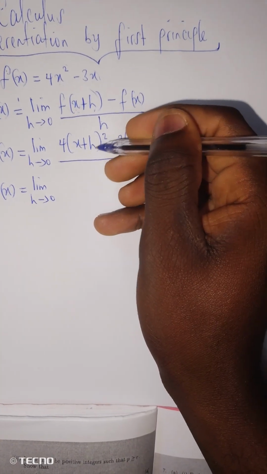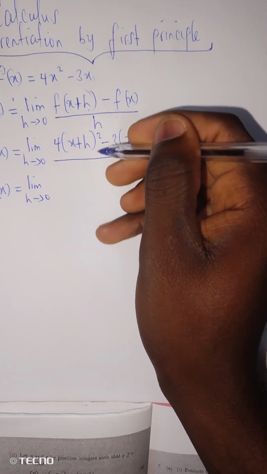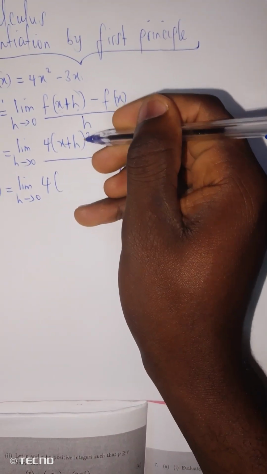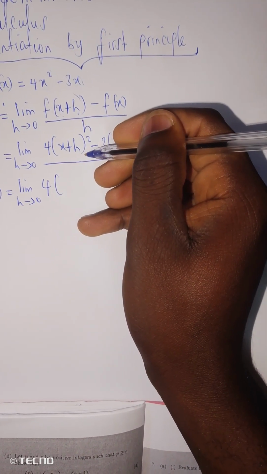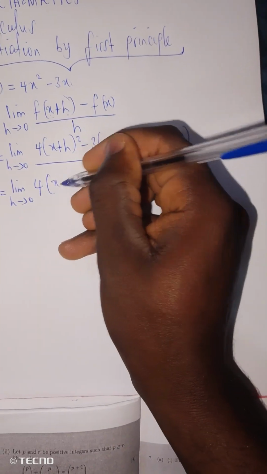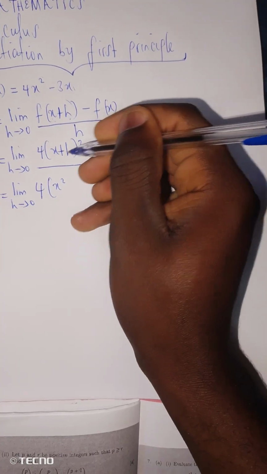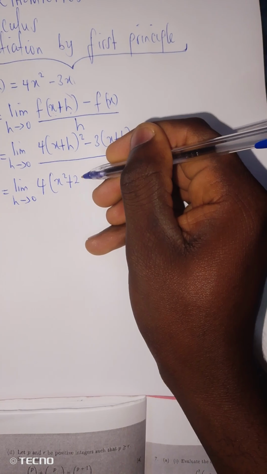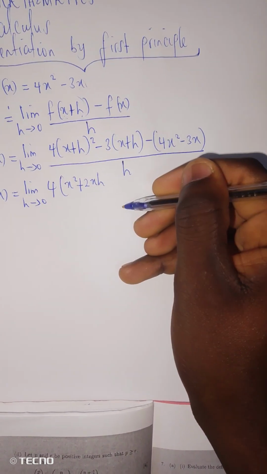I'm going to expand what is inside the brackets. So I'm going to say 4 open bracket. To expand this in the shortest way possible, you can just say x raised to the power 2, then you multiply 2 by x by h, and that will give you plus 2xh.